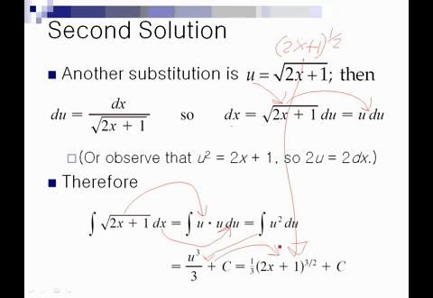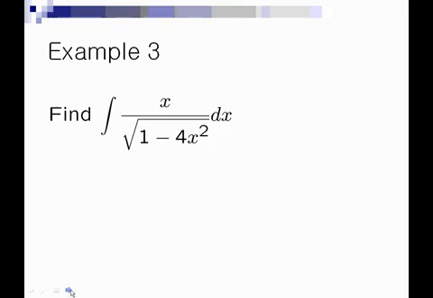And now you have the same thing as we had before, 1/3 of (2x plus 1)^(3/2) plus an arbitrary constant. Okay, let's have some fun with this one. In this case, I think it will be most advantageous, well, we have several options here.